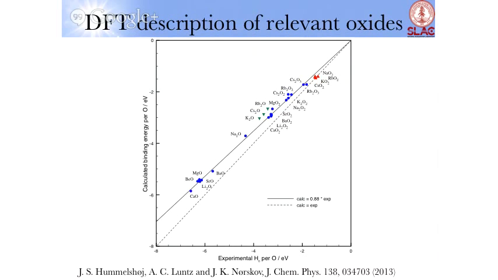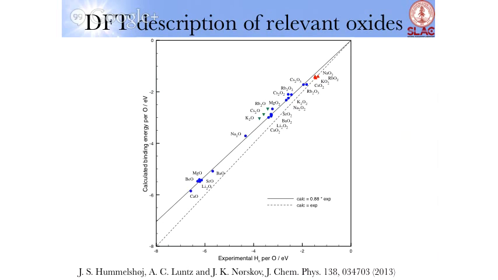It's sort of my one slide to show that we sort of know what we're doing. Density functional theory is known to be notorious for describing oxides. And so what I show here is a calculated heat of formation versus an experimental heat of formation. And what is put here is a whole host of superoxides, peroxides, and oxides.